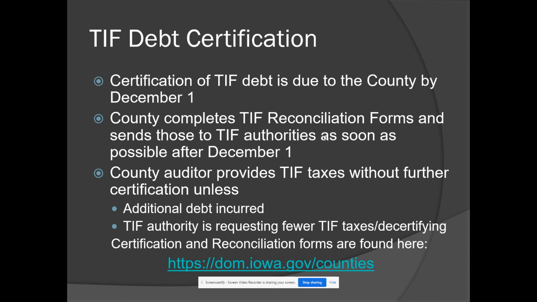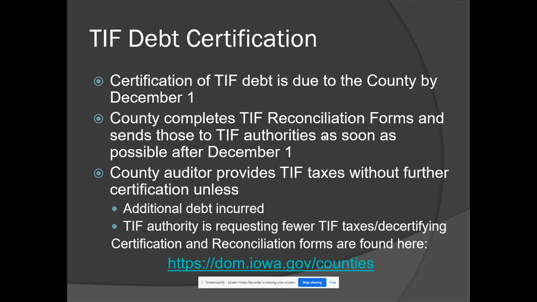And this is a communication from the TIF authority to the county, and it has to take place by December 1. The county completes a TIF reconciliation form and would send that to the TIF authorities as soon as possible after December 1. So the TIF authority tells the county, okay, this is the debt we have, this is what needs to be repaid.